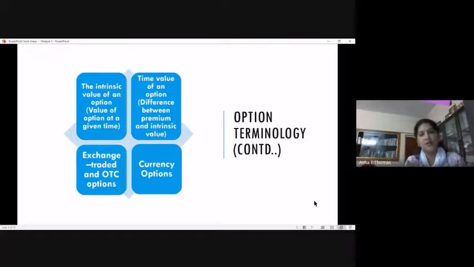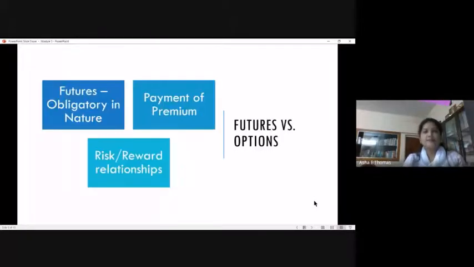There are different types of options available, and the underlying asset would definitely be currency. The basic objective is hedging against the fluctuation of exchange rate. These are some of the terminologies.